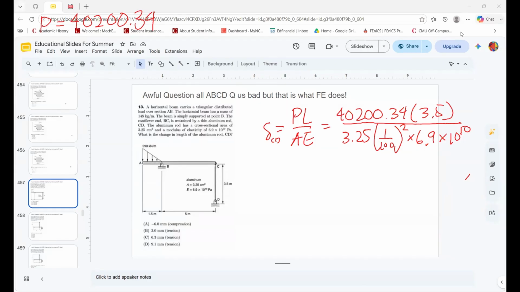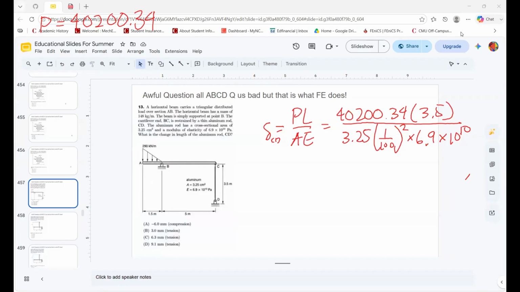Each calculator has a different way of doing it. Make sure in your calculator you are writing it the right way. Okay. All right, I get an answer.